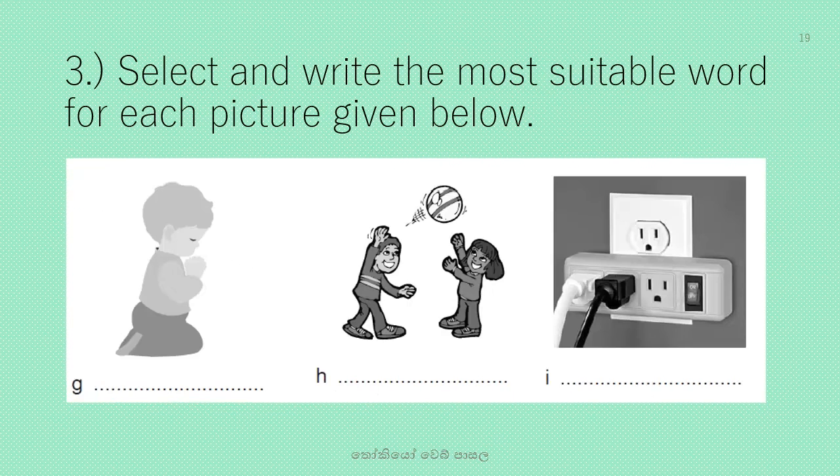Next, we have another three pictures, G, H, I. The first two will be some actions which these kids are doing, whereas the third picture is going to be an object. Try to find what G, H and I are.